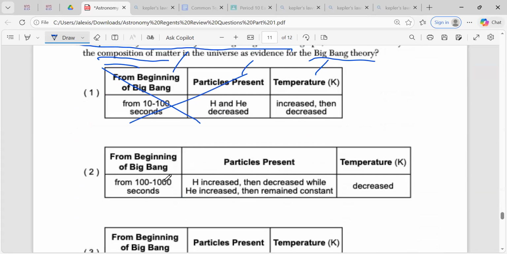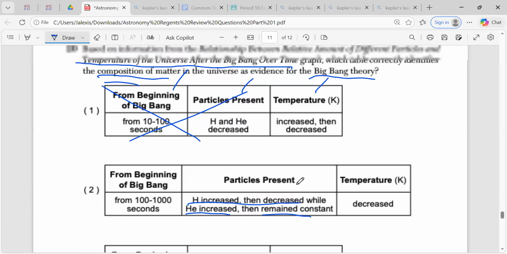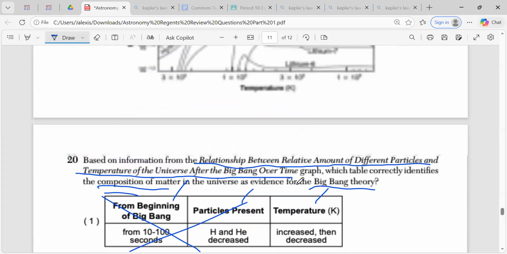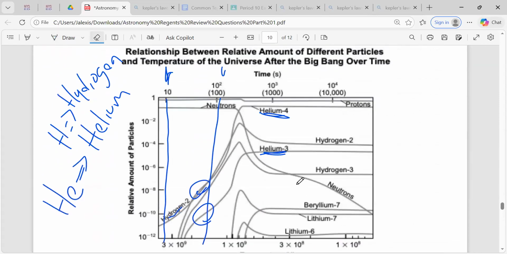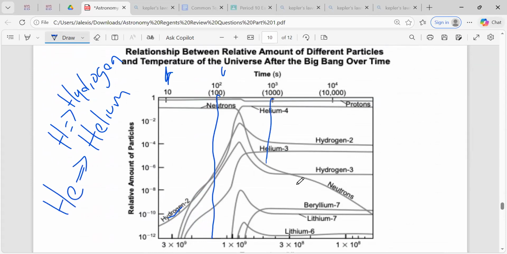Let's look at two. From 100 to 1,000 seconds, H increased, then decreased, right? While He, helium, increased and then remained constant. And the temperature decreased. Let's see if that is true. All right. So I'm going to erase right here and I'm going to go from 100 to 1,000.